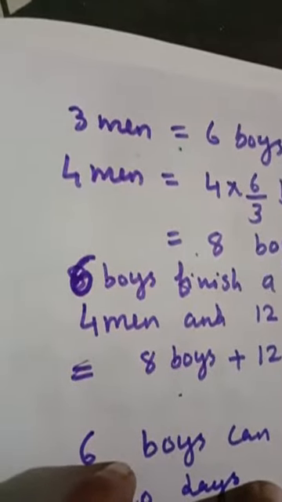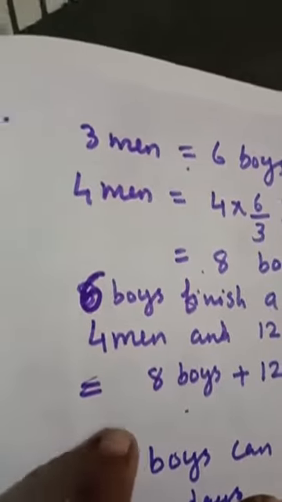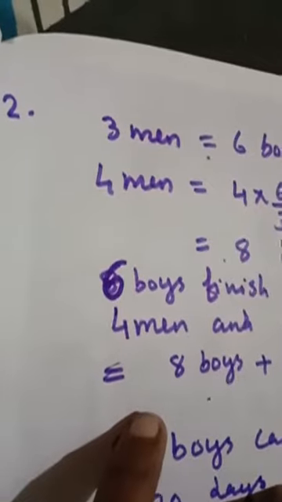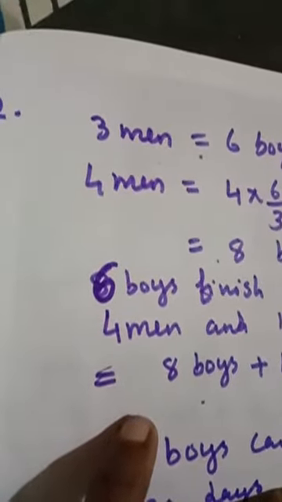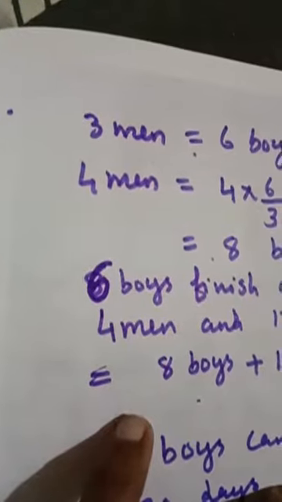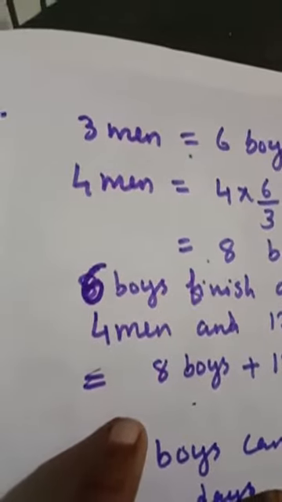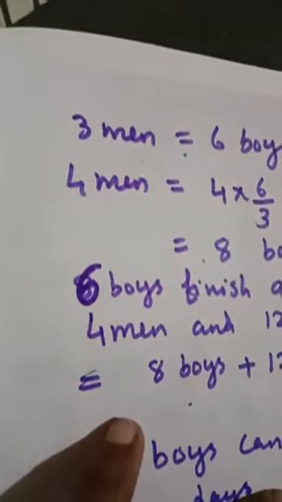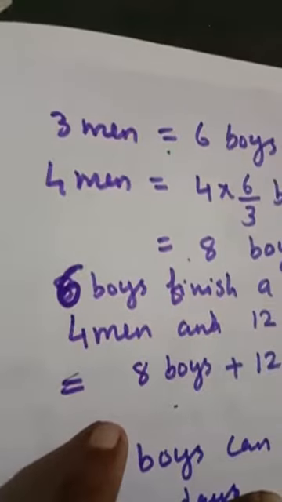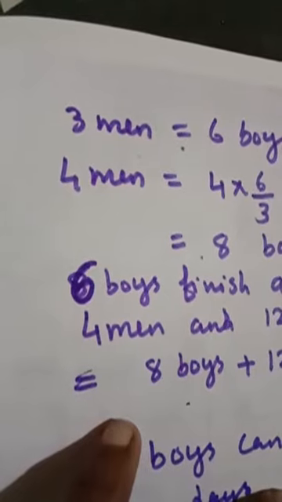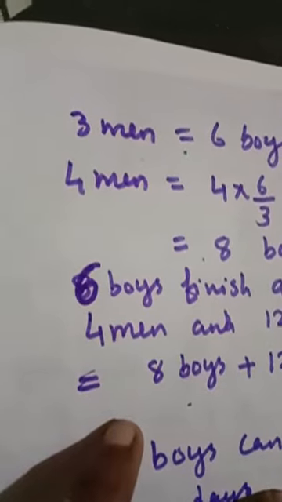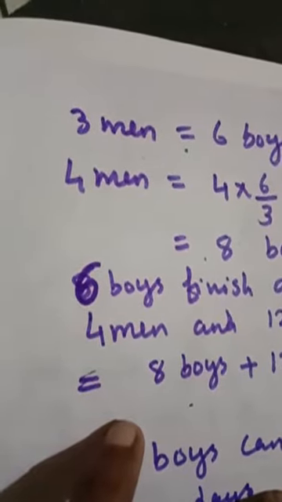3 men or 6 boys can finish a work in 20 days means 3 men complete a work in 20 days. But if the work is done by boys, 6 boys are needed, not 3 boys. 6 boys are needed to complete the work in 20 days. See, if it is men, then 3 men is enough to complete a work in 20 days.